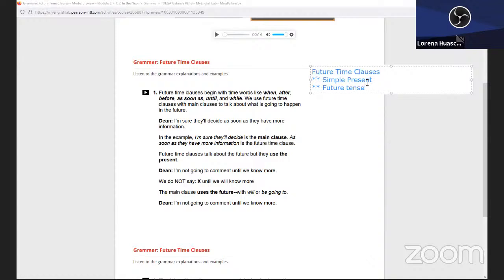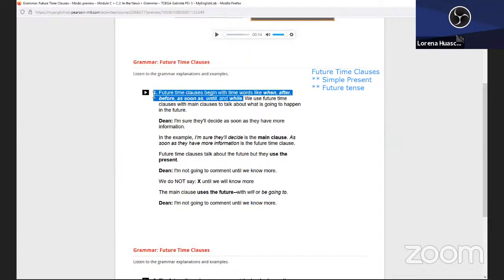Okay, so we will have these two sentences, and we have to link them by joining them with these connectors. For example, when, after, before, as soon as, until, and while.